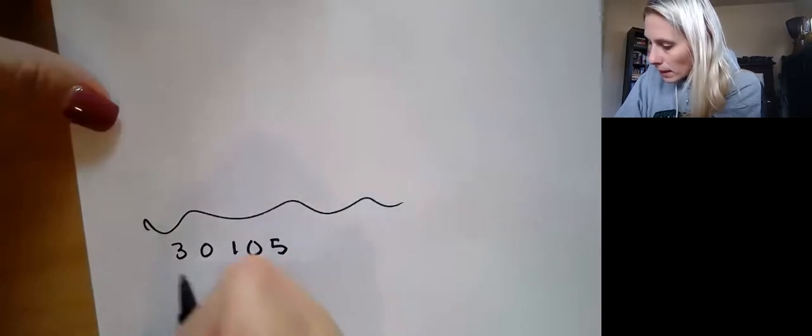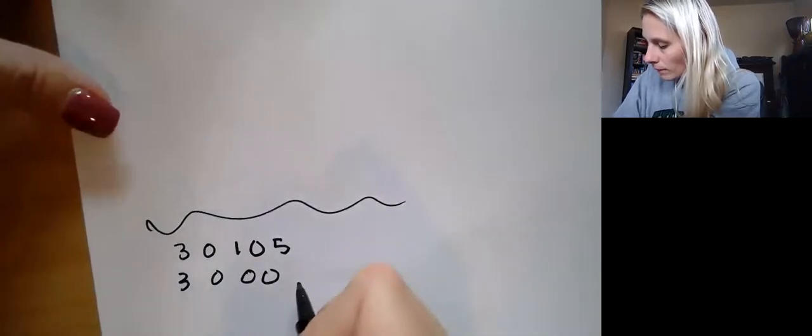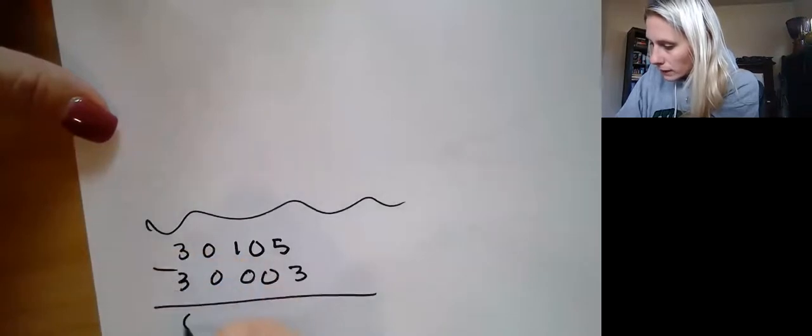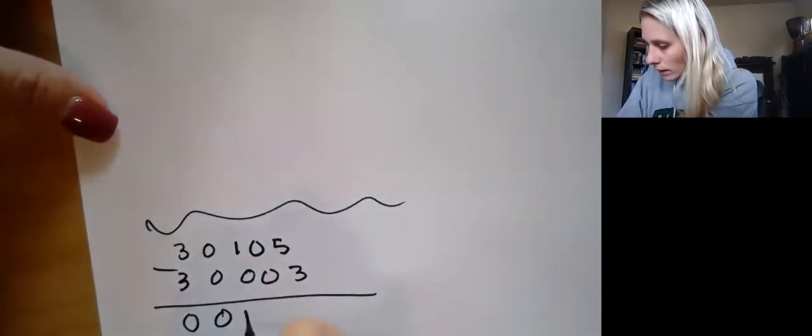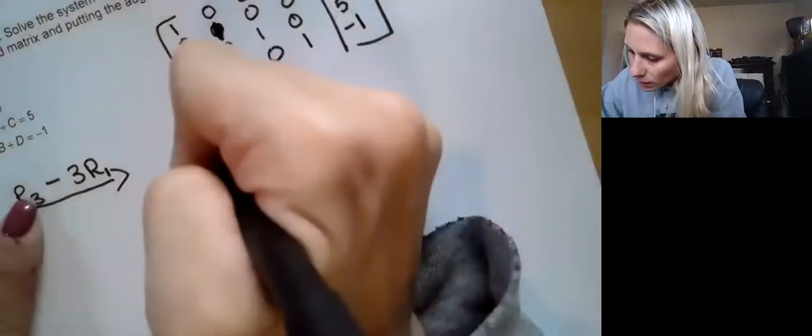And I'm going to multiply the top row by 3. 3, 0, 0, 0, 3. And then what am I doing? I'm subtracting. 0, 0, 1, 0, 2. And that's my new row 3. Remember that, because that's why I put it first.